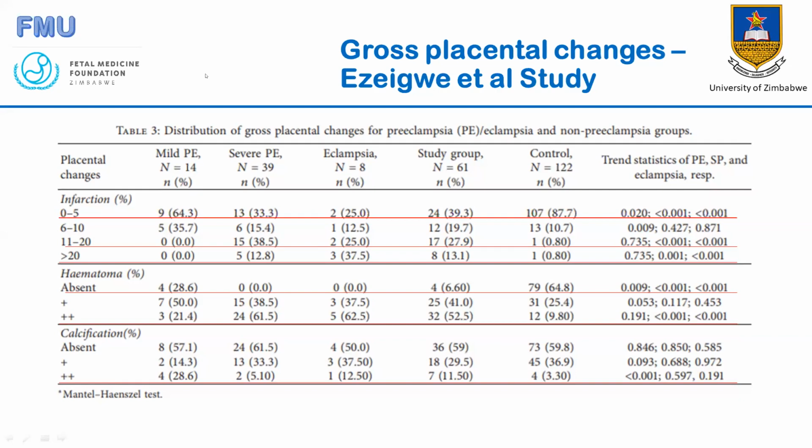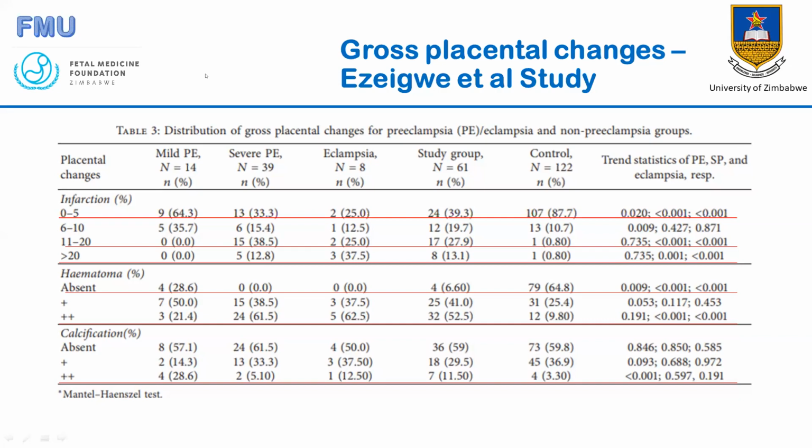Then if they're greater than 20% infarcts, they were not statistically significant again for the mild, but they were statistically significant for the severe preeclampsia as well as the eclampsia, with p-values of 0.001 and less than 0.001 respectively.